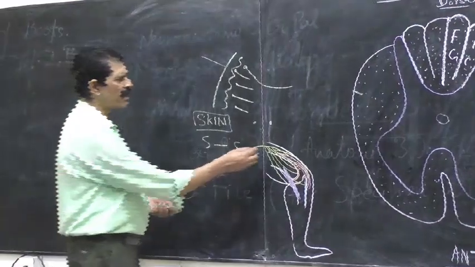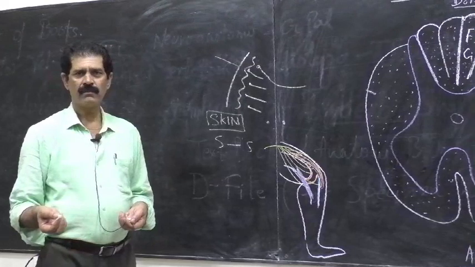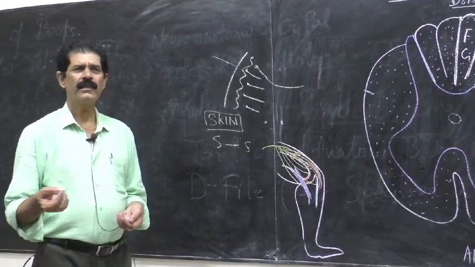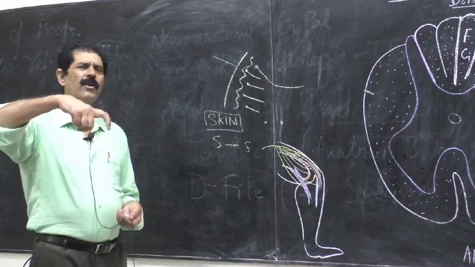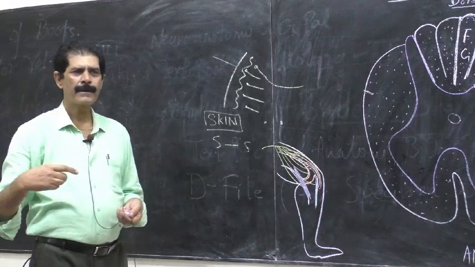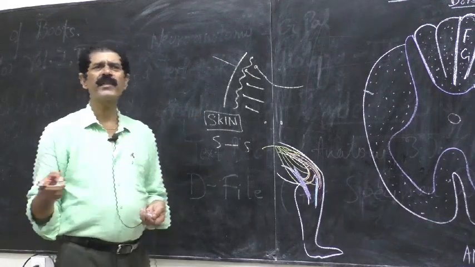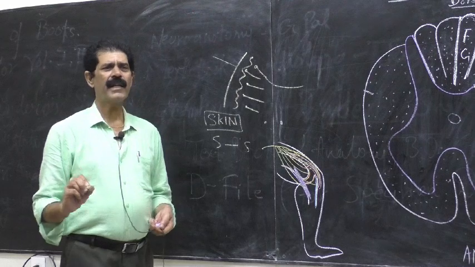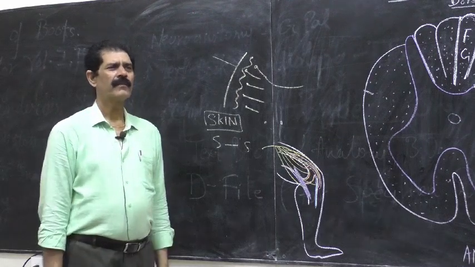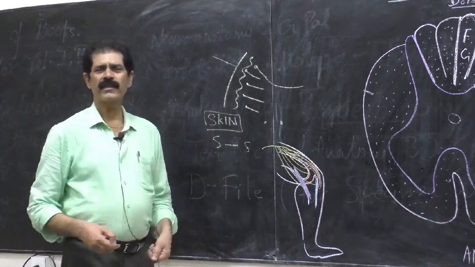And all these nerves are called the articular nerves, because they supply the synovial joint. So whenever a joint is not working, for example, we are sitting, we are not moving, this sense is called proprioceptive sensation. P for position. We are standing, but we are not moving. Again, our joints have the proprioceptive sensation.